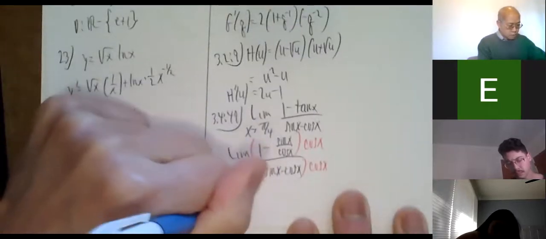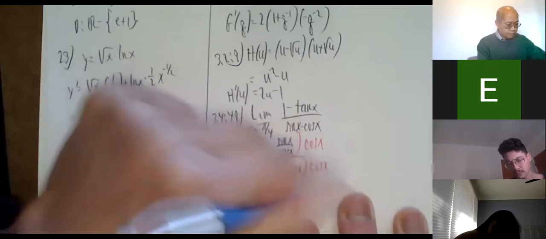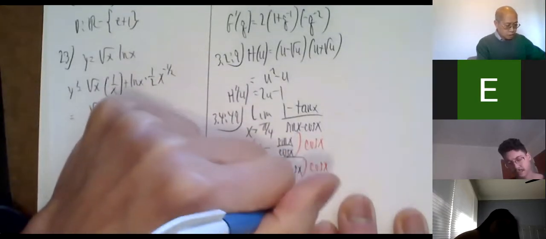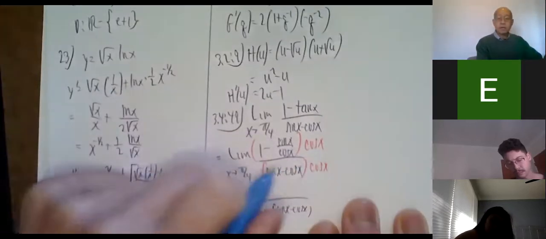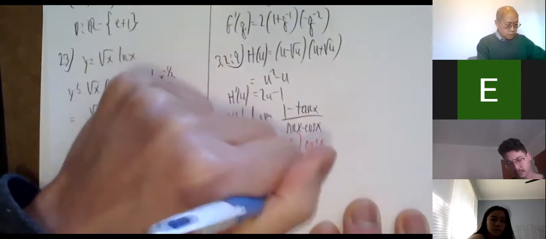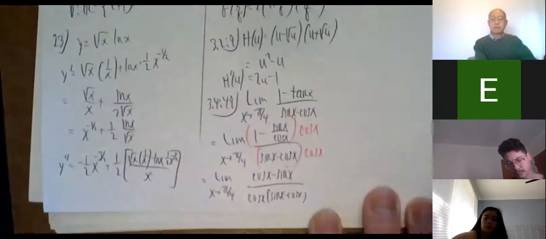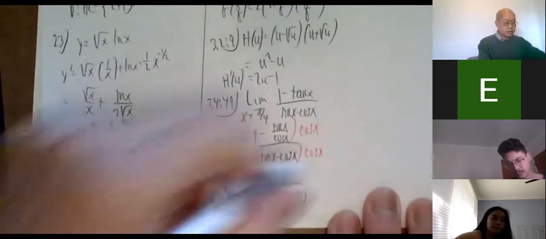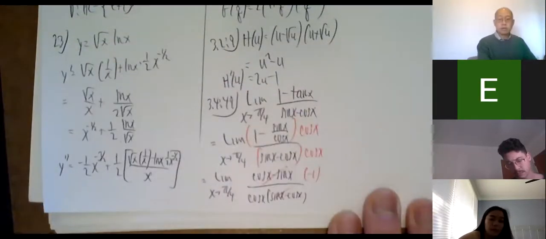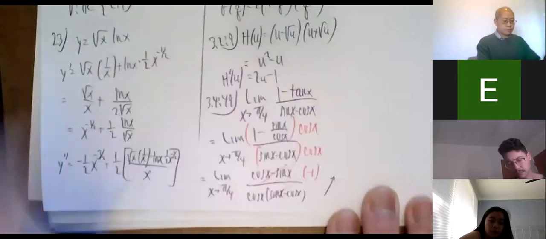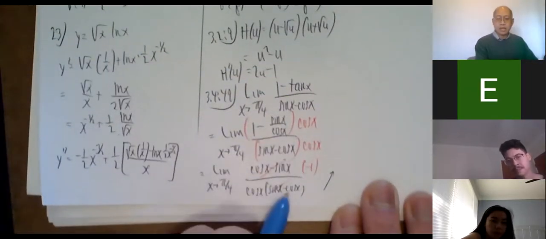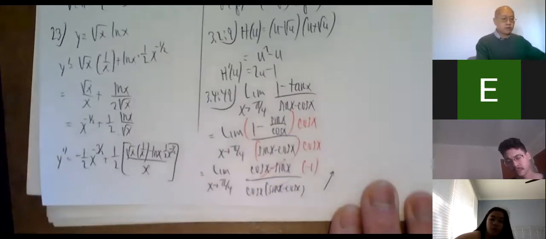So limit as x approaches pi over 4 of cosine x minus sine x over cosine x times sine x minus cosine x. And these two cancel, leaving me with a -1. We've seen that before. Cosine x minus sine x divided by sine x minus cosine x, that's -1. So I'm going to write -1 over cosine x.